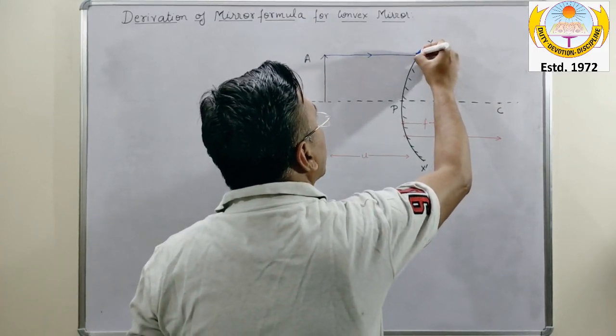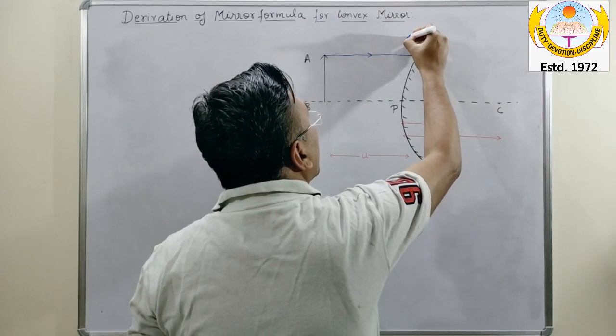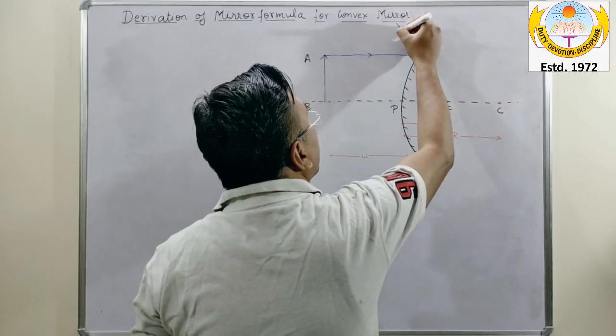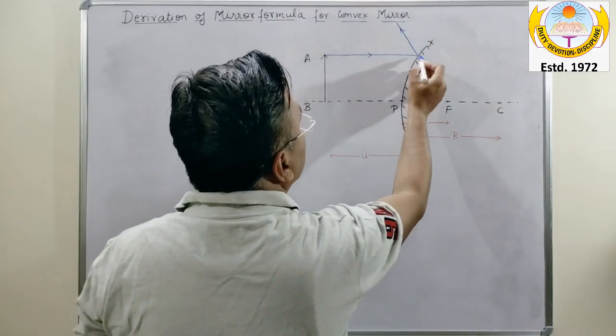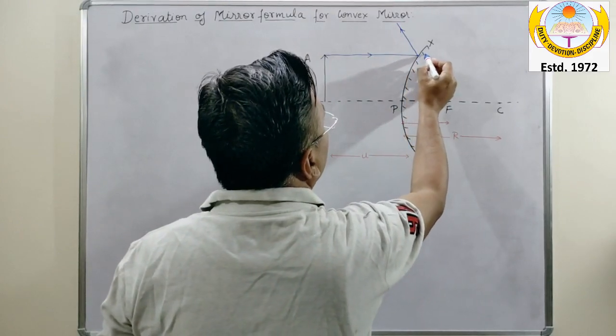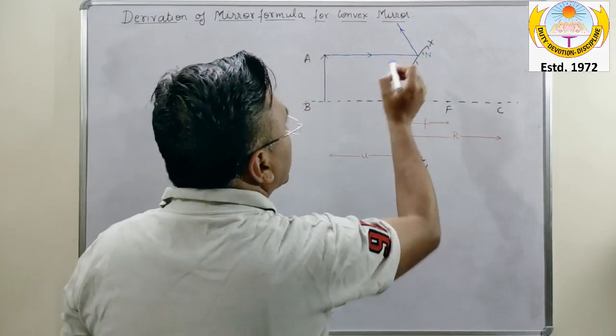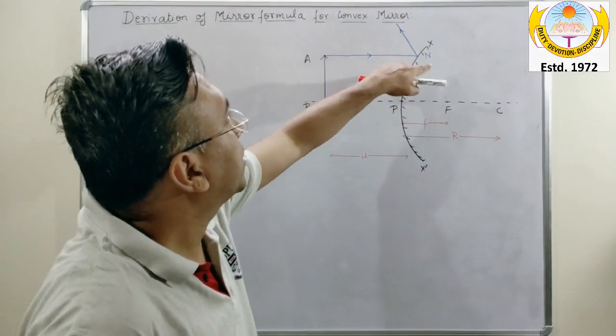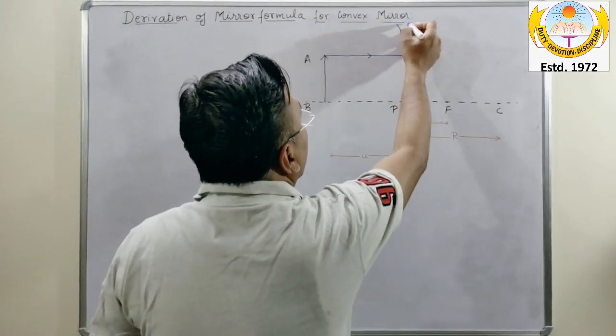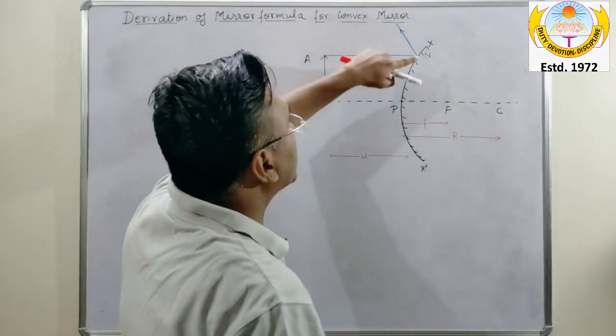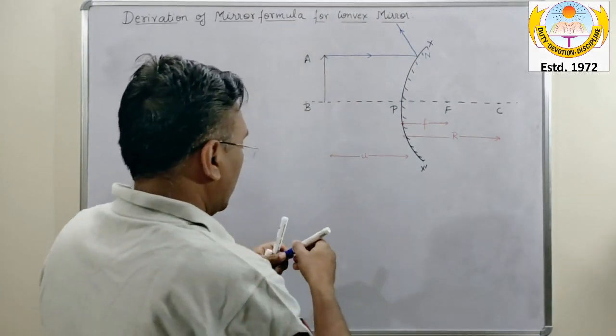So this is the direction of the reflected ray. Here AN is the incident ray and the reflected ray is going in this direction.